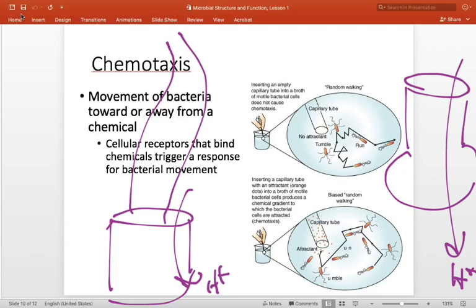And that's how we get the propulsion. And the allowance of hydrogen ions to come through that little motor, or to shut it off, is dependent again on the chemical signals that the bacteria are sensing in their environment. Okay?